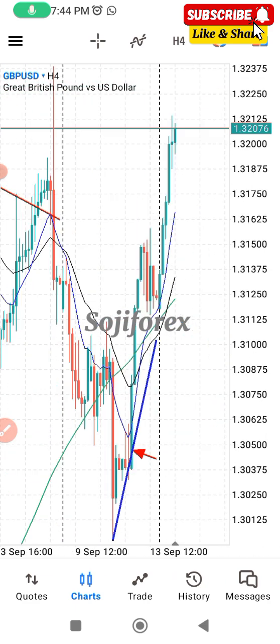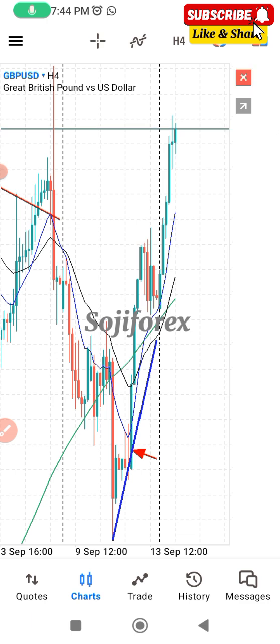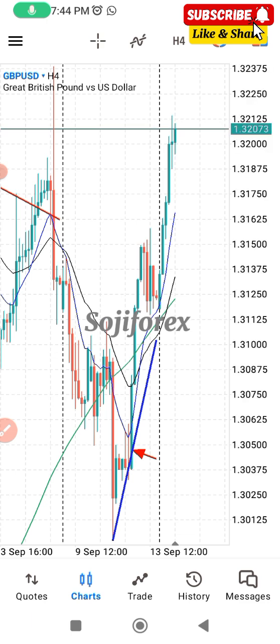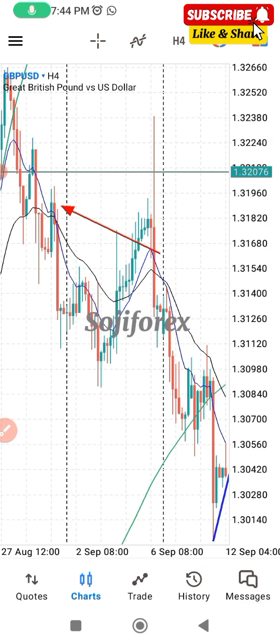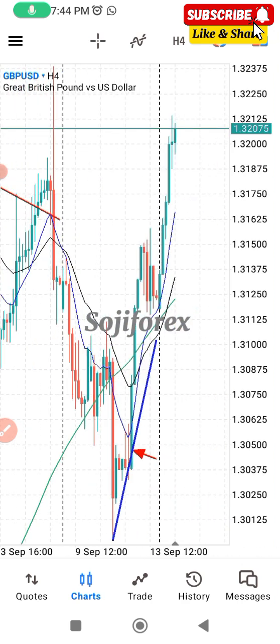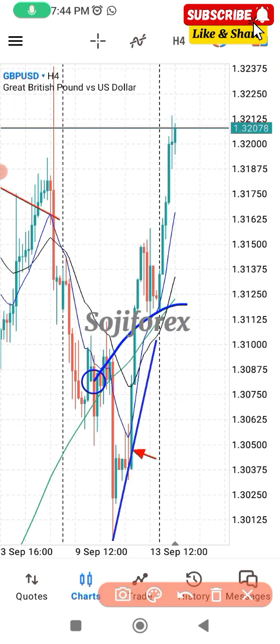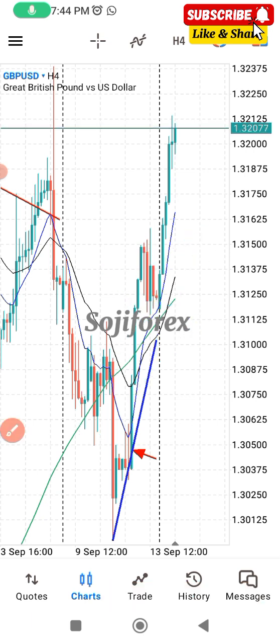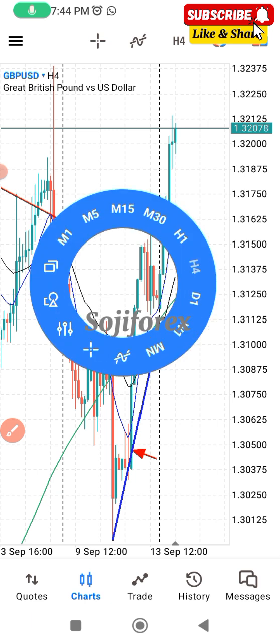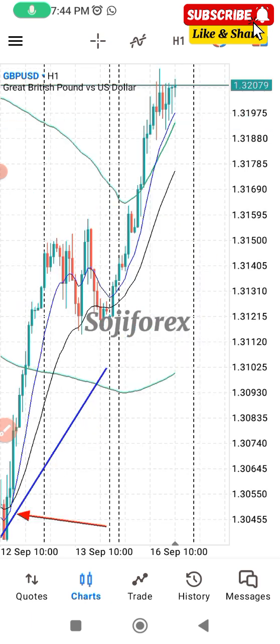Let's go to H4. It works on currency pairs as well. This is our H4, and price is above the middle Bollinger Band. This is the middle Bollinger Band, and price is above it. So we are in an uptrend. We'll go to our H1, and then we'll begin to look for how to get our entry.